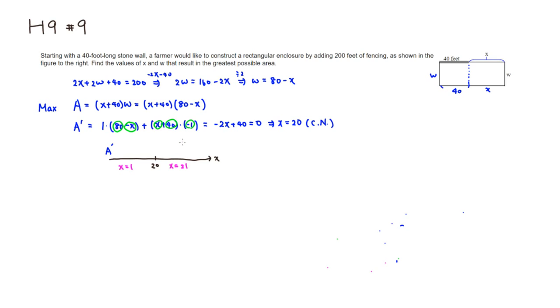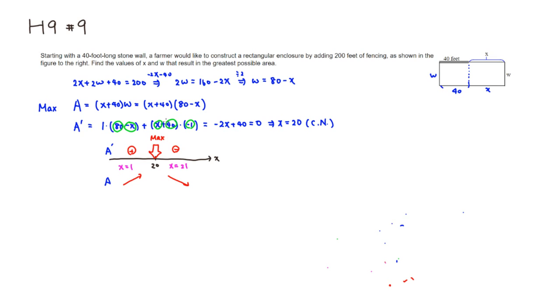If you plug it into the original function, 40 plus 1 is positive and this is positive, so it is positive here. If you do 21, this is positive, and 80 minus 21 is definitely positive. Actually the sign of the derivative tells us the area function increases before 20 and decreases after 20. So we know that this is going to give you a maximum.